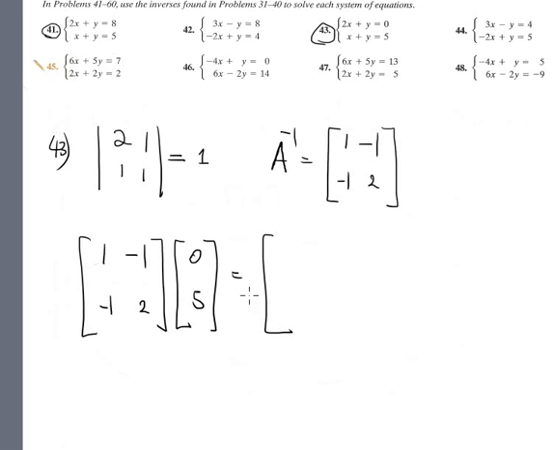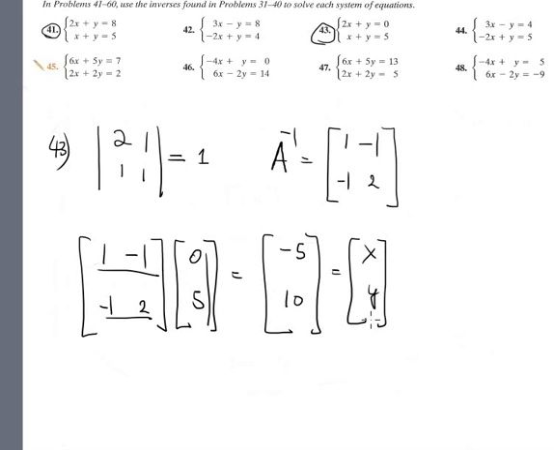This times this is obviously -5, because 1 times 0 is 0, -1 times 5 is -5, and this times this is -1 times 0 plus 10, which is 10. The answer then, remember this is a vector xy, x is -5, y is 10, the ordered pair solution is -5, 10.